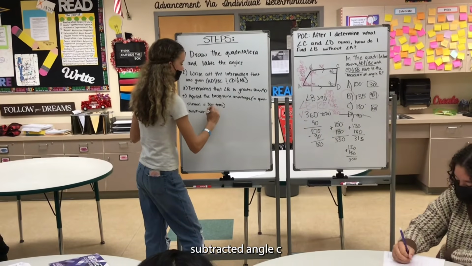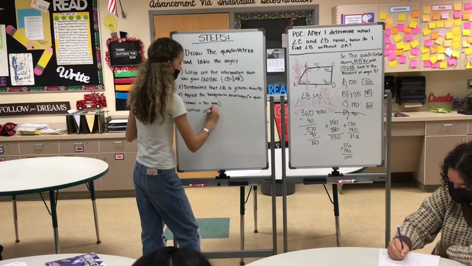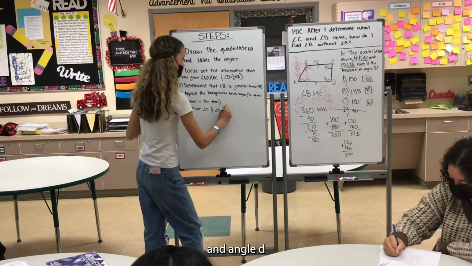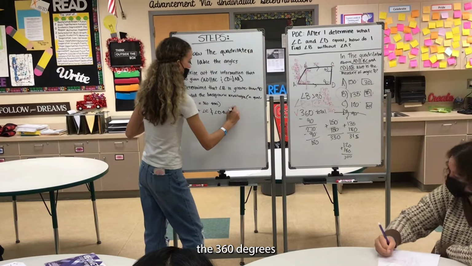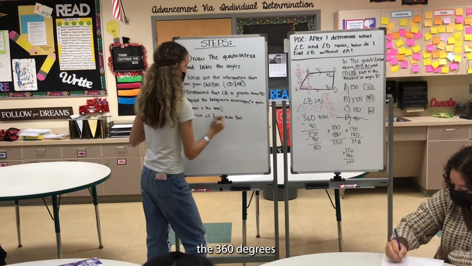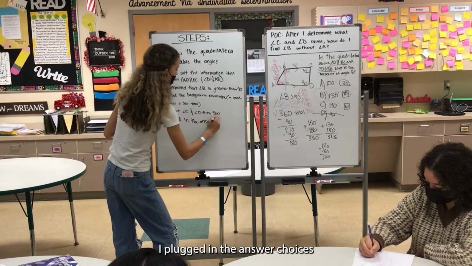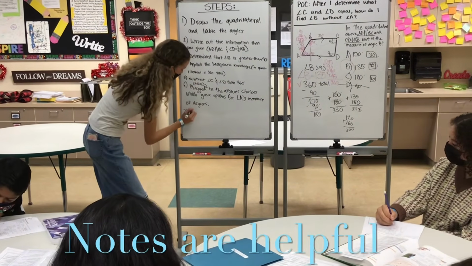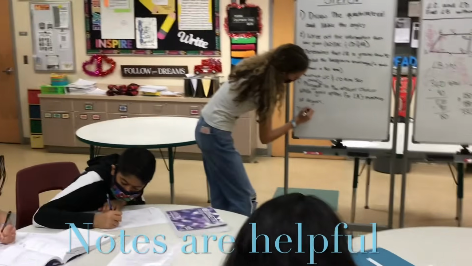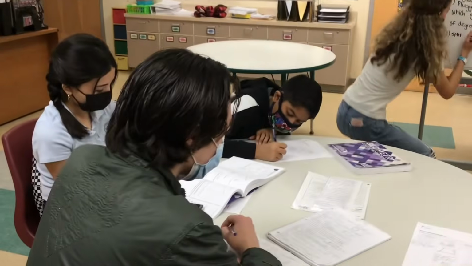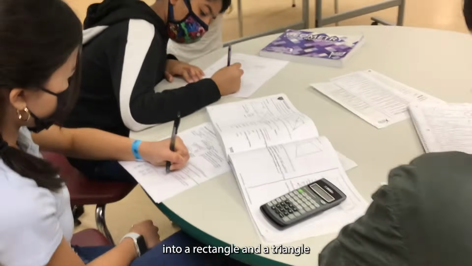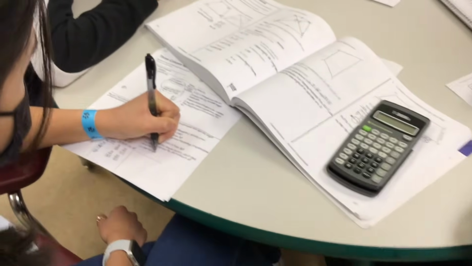Subtracted angle C and angle D from the 360 degrees. I plugged in the answer choices. I split the quadrilateral into a rectangle and a triangle.